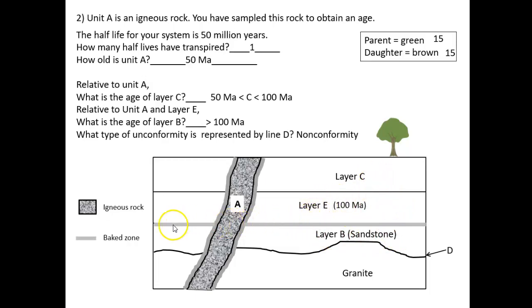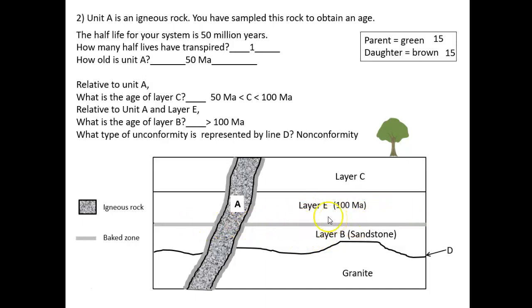Well, because there's only a baked zone at the bottom here and not at the top, if this was molten at one point because it was igneous, no baked zone on the top suggests that C was not there to be baked. So the order would suggest the granite, the sandstone, and then a lava flow flowed onto the surface and baked everything beneath it that it touched, hence the baked zone.